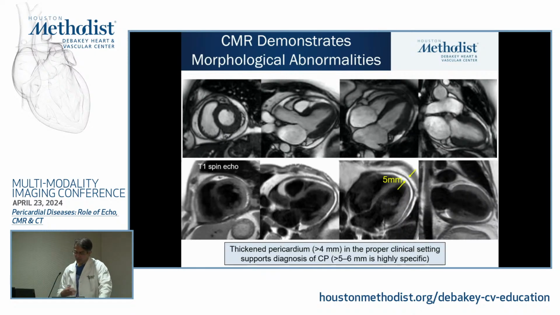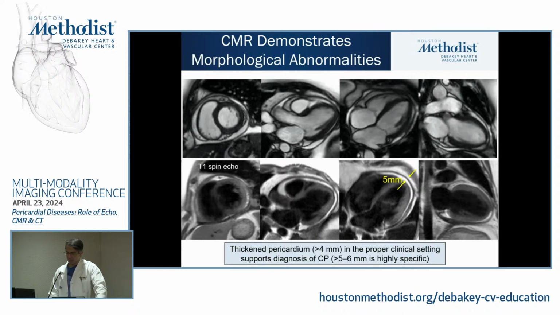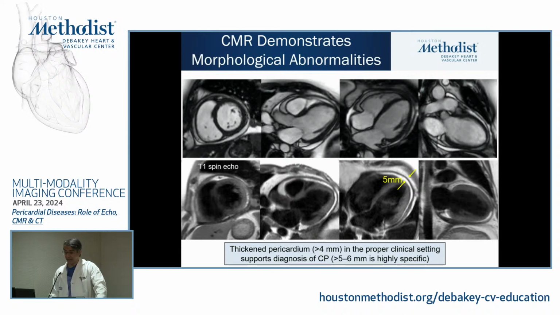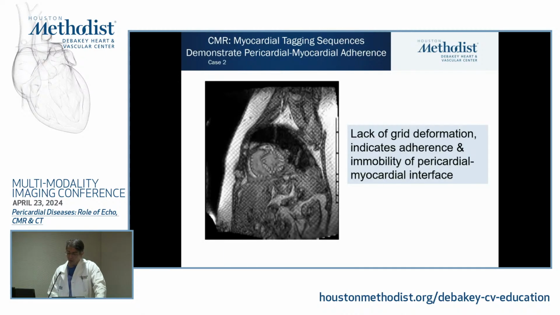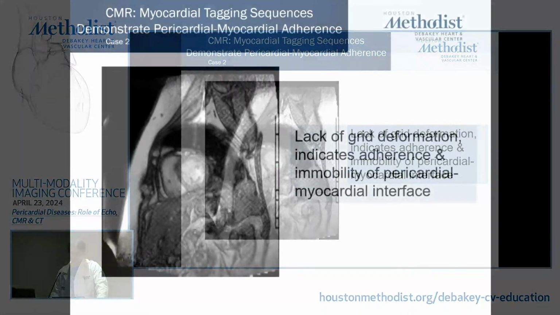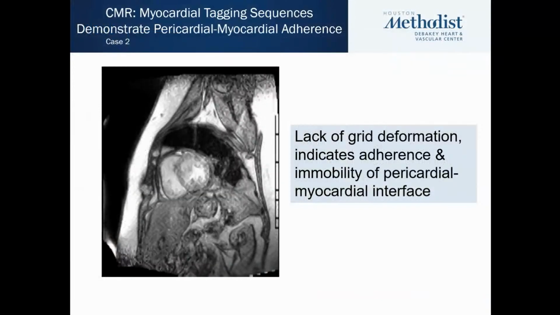When we make our measurements on our T1 spin echo, you can see it's 5 millimeters thick. This is very specific for constrictive pericarditis. We can do some other secondary sequences. This is that tagging sequence that we talked about. Normally, between the myocardium and the pericardium is a small layer of fluid, right?